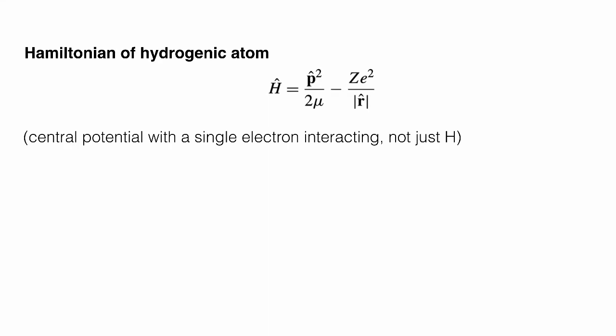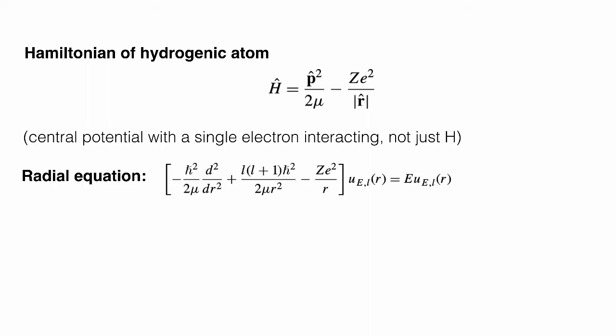And of course, the kinetic energy only depends on the distance in the P space. That means that we can really solve the problem for the radial equation that we have worked out so far, and now we can explicitly replace V of r by minus Z e squared over r.